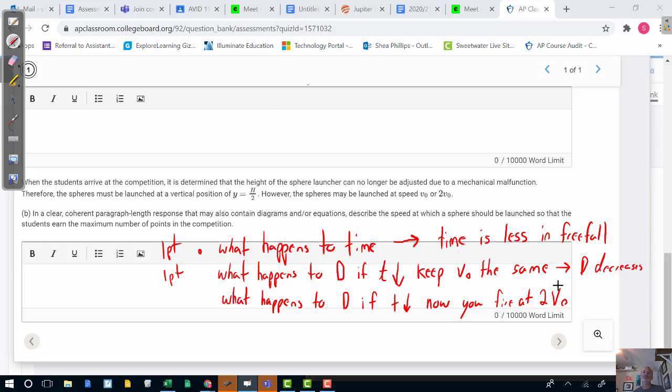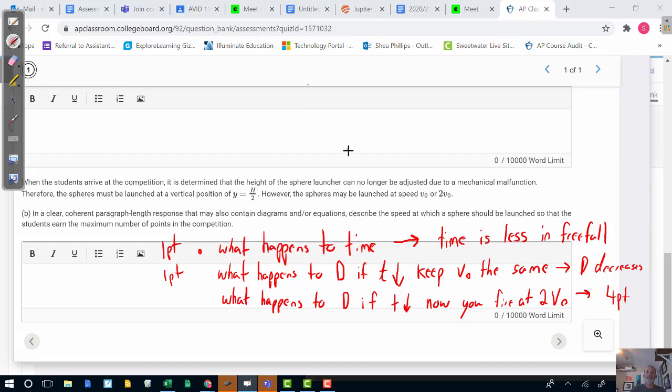And this is where people will make an assumption and usually get this one wrong. You might think that if time decreases and you fire at 2v0, well, you still hit the 4 points. Let me scroll up and talk about this real quick.